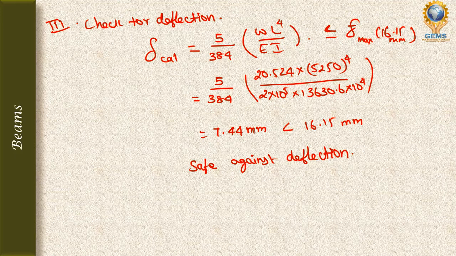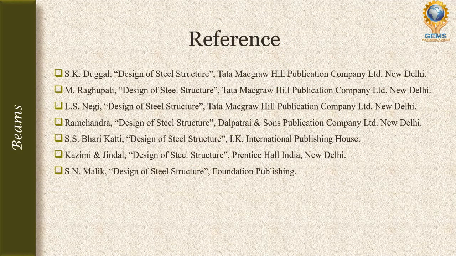After that we checked for bending stresses, shear stresses and deflection. In the upcoming videos, we will do some more problems, and then you will clearly know how to design laterally restrained beams. Thank you.